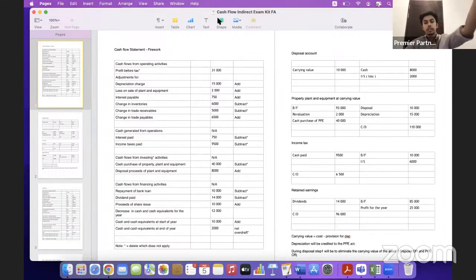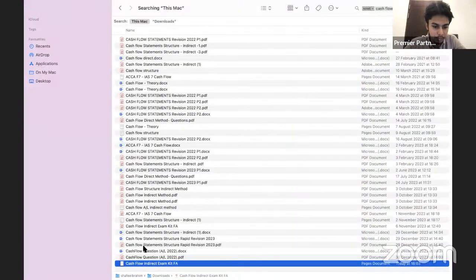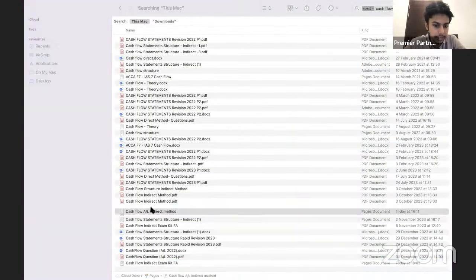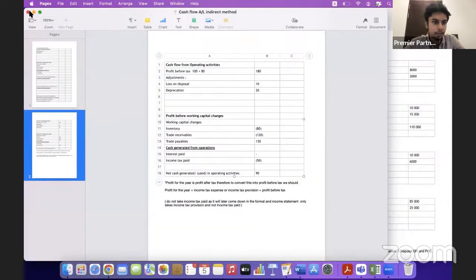So first we will do a quick recap on the cash flow statement indirect method theory, and then we'll quickly move on to the revision kit related questions. Now, when it comes to the cash flow statement indirect method.